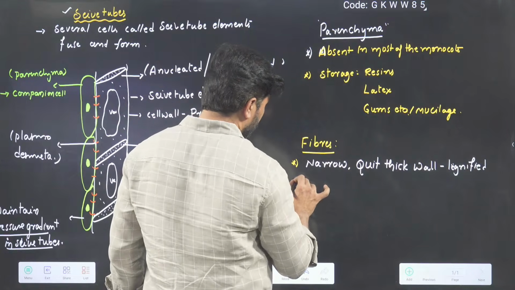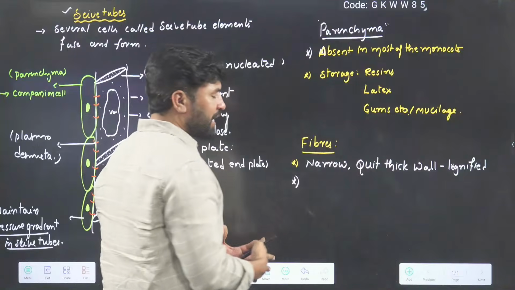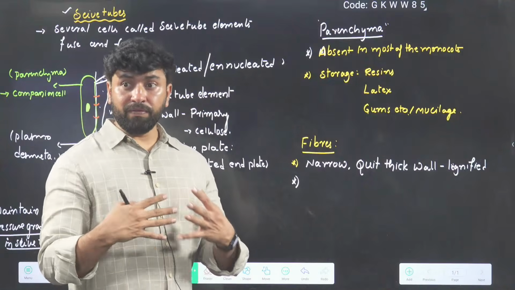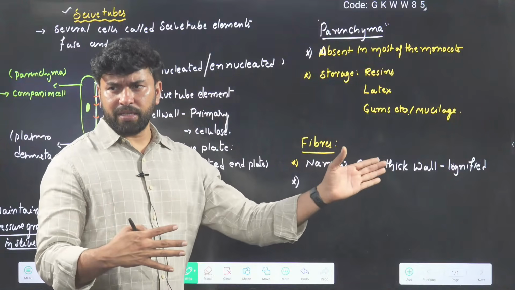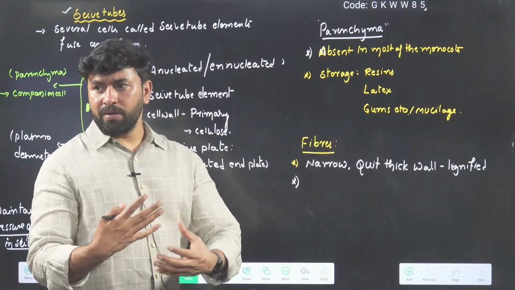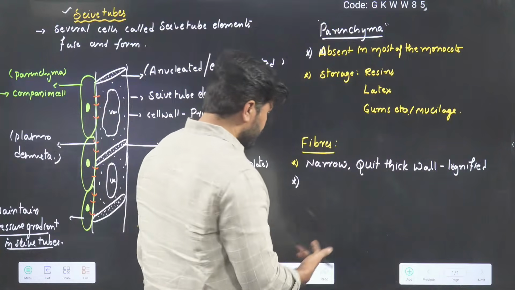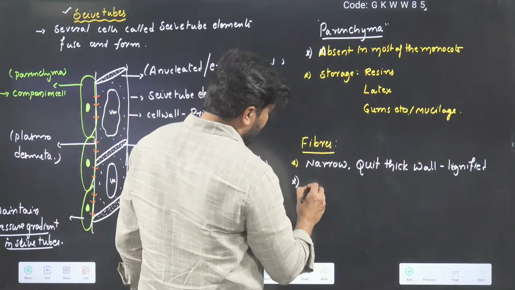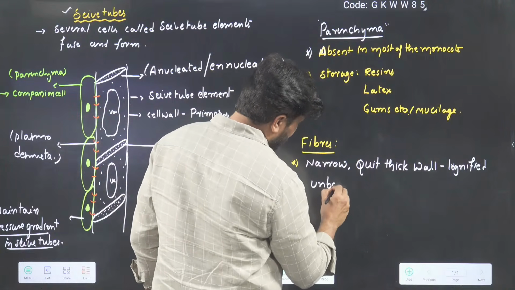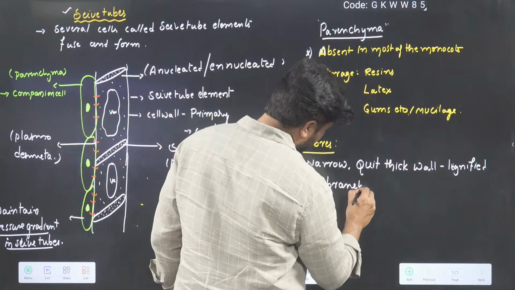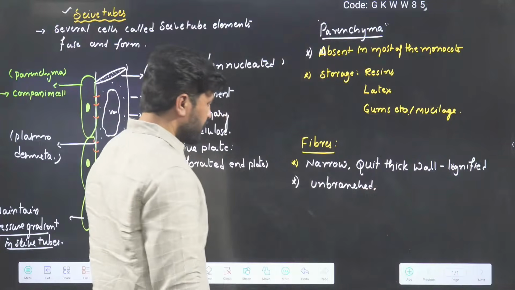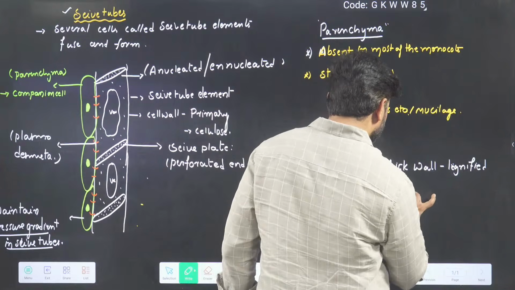Next one. If you are talking about special characters of phloem fibers, these are normal things; any fiber will have them. The special features of phloem fibers, if you notice, go like this. They are unbranched cells, very important. Unbranched cells with pointed ends.